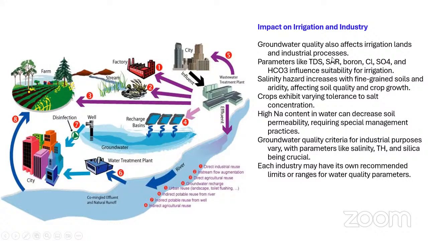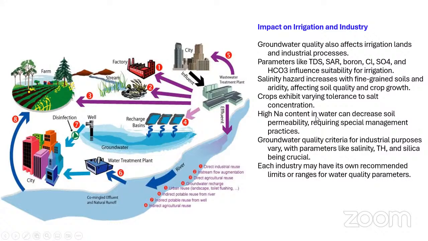Particularly, the SAR percentages may decide the suitability of groundwater for irrigation or agriculture purposes. Again, salinity hazard increases with fine-grained soils and aridity, affecting soil quality and crop growth. Crops exhibit varying tolerance to salt concentrations.